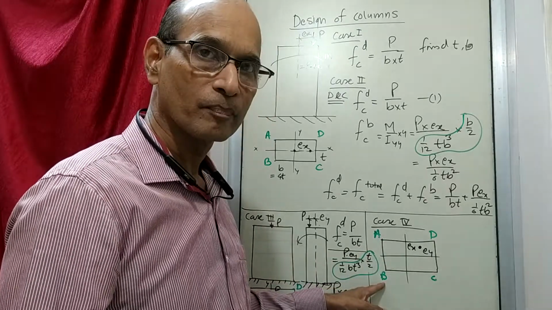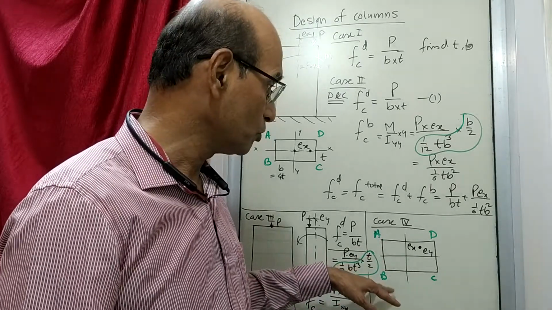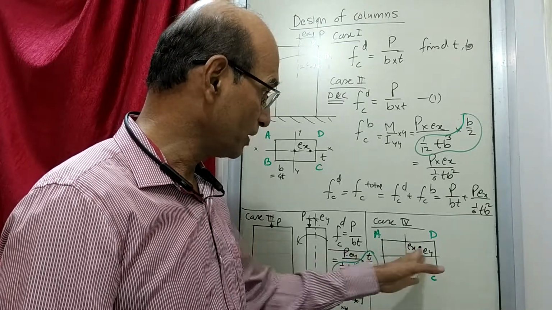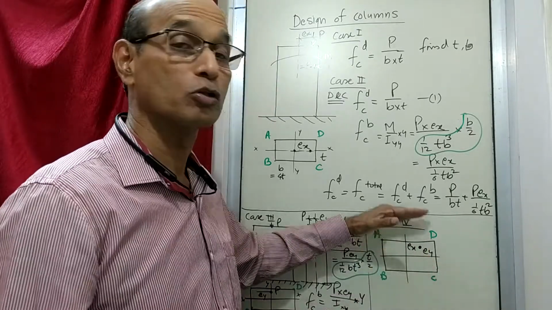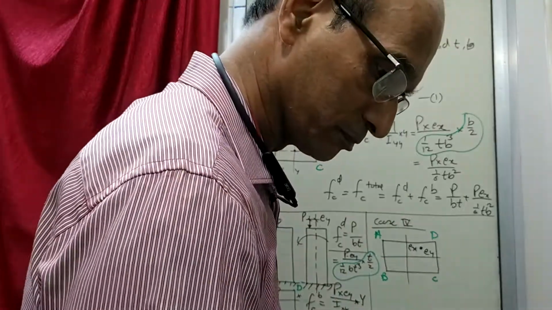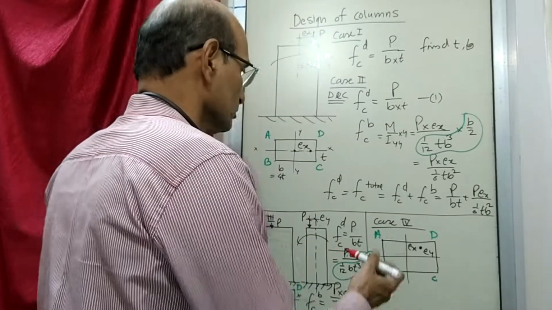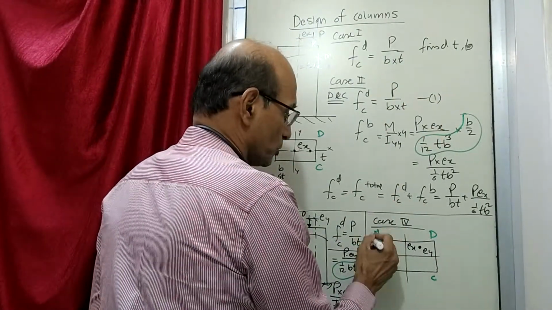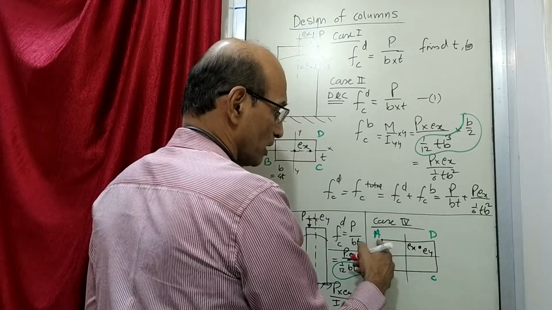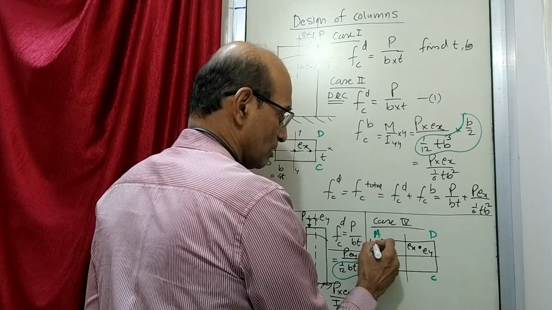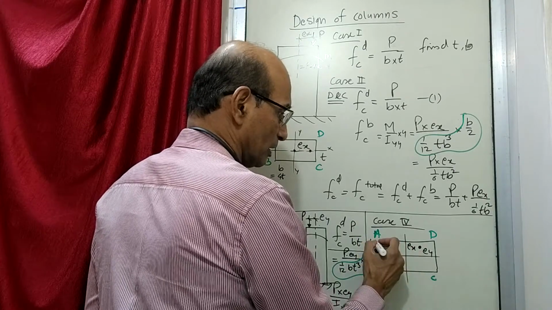At B, direct is of course compressive. Bending will be, because of Ey it is tensile, because of Ex also it is tensile. Direct I am not writing, everywhere it is compressive. So bending stress will be here, one is tensile and the other is compressive.